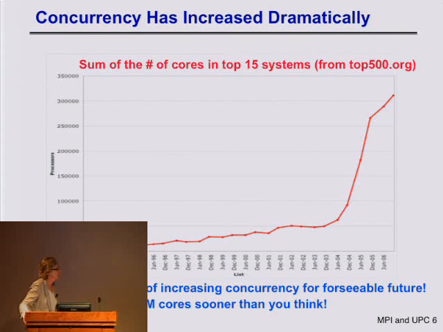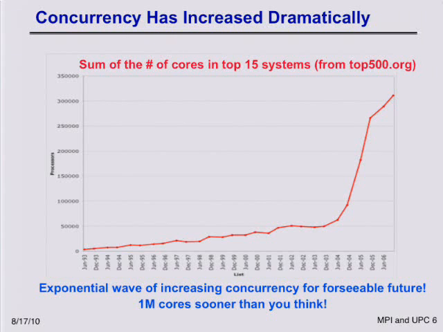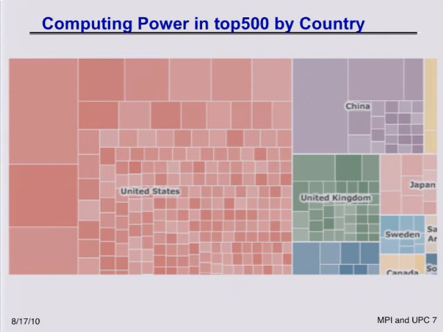Looking at the parallelism in just the top 15 machines in the top 500 list, you see this huge knee in the curve around early 2004, which was, of course, when clock speeds really stopped scaling and in fact slowed down somewhat, and so the growth in concurrency on these large-scale systems really picked up.